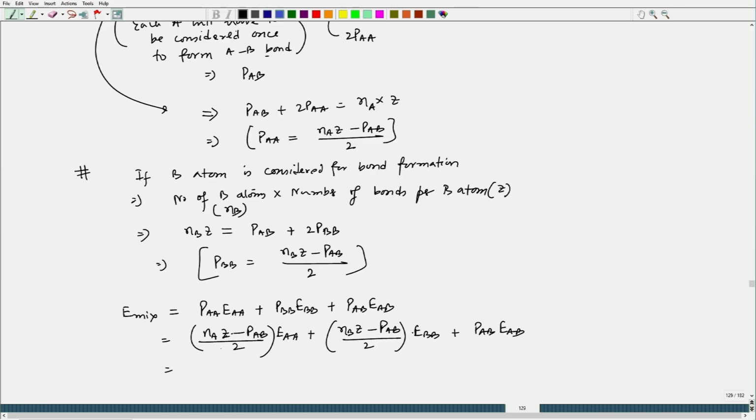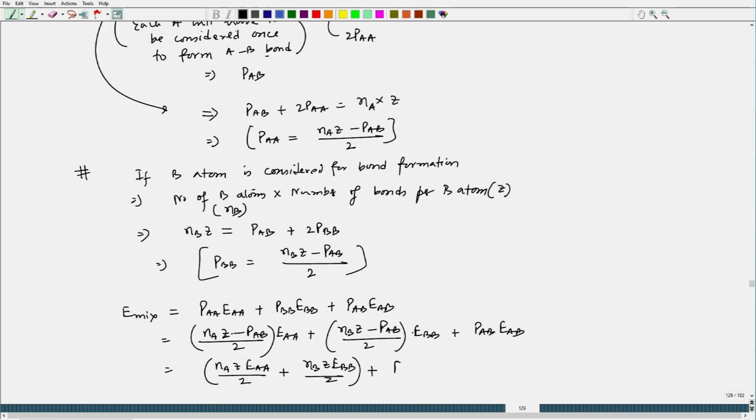So, then it becomes, if I simplify it, if I break all the terms, then we should get like this: NAZ EAA by 2 plus NBZ EBB by 2. This is one part.